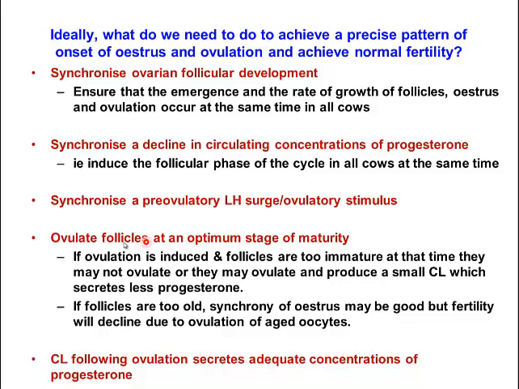We want to ensure that the follicle that ovulates is at an optimum stage of maturity. That is, if ovulation is induced and follicles are too immature at the time, they may not ovulate, or they may ovulate and produce a small corpus luteum which secretes less progesterone.